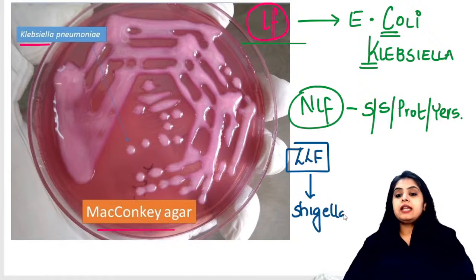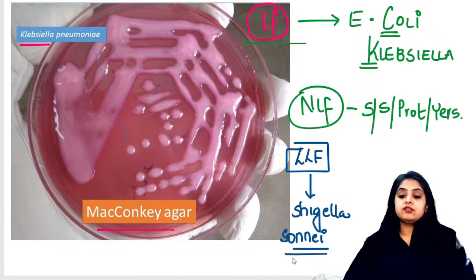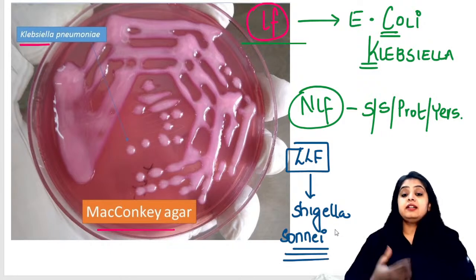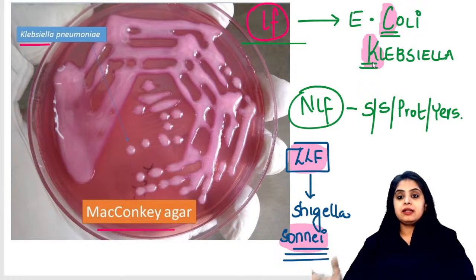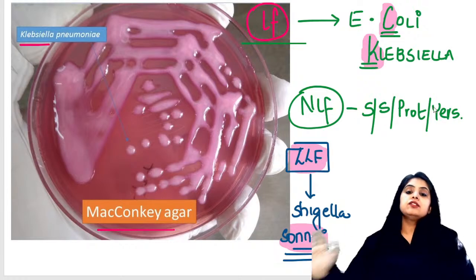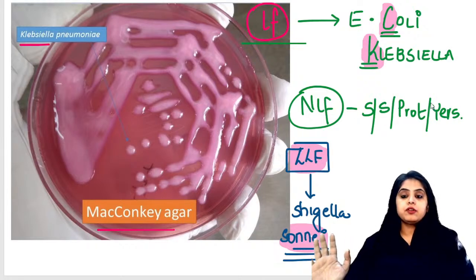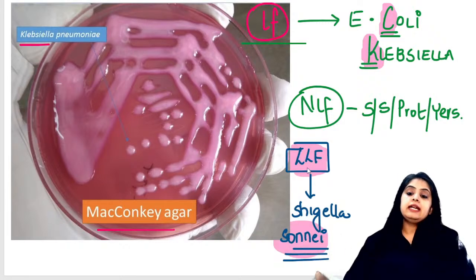Yes, that is Shigella sonnei. Sonnei kept sleeping, that is how we've learnt it, and it has woken up very late. So that is the only late lactose fermenter that you have to know. Otherwise, remember, the lactose fermenters are the K and K, that is coli and Klebsiella. Everything else on this planet becomes a non-lactose fermenter. And Sonnei was sleeping, woke up late, so that is a late lactose fermenter.